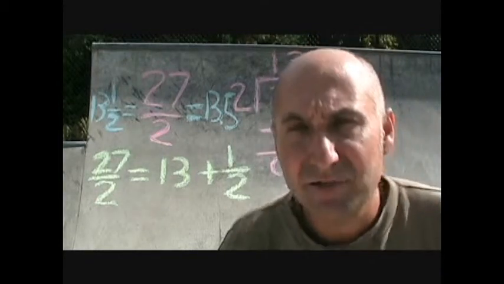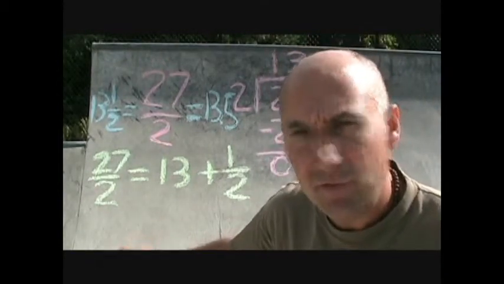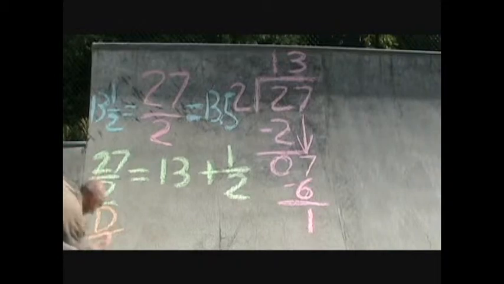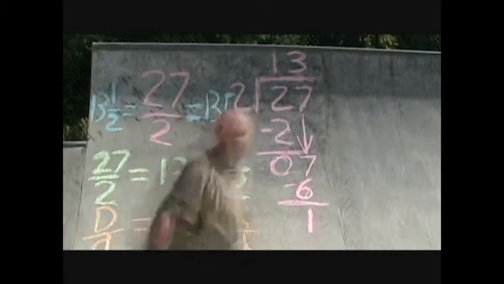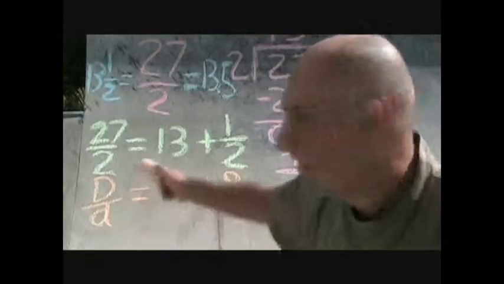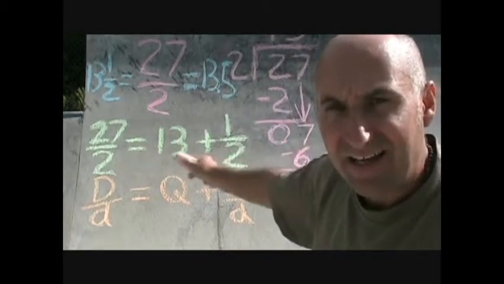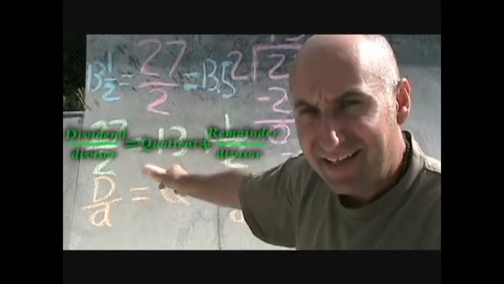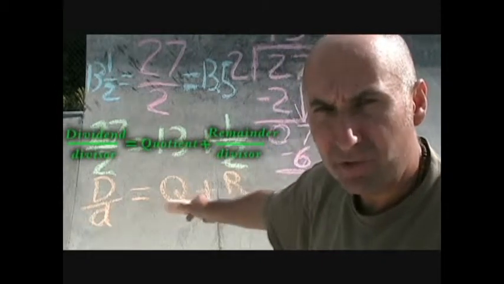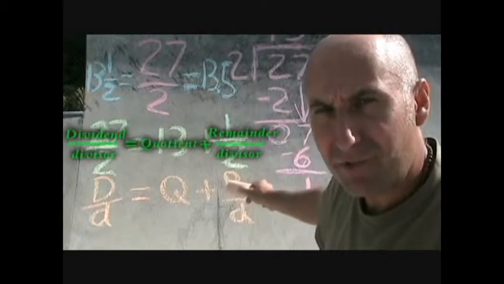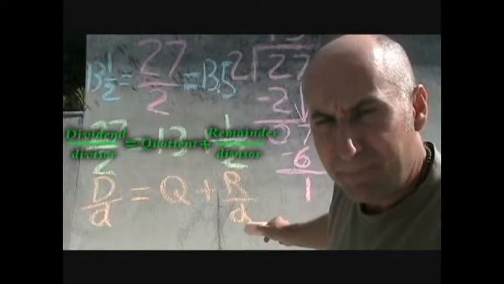So you can write down this expression in the following form: your dividend divided by your divisor is equal to your quotient plus your remainder divided by your divisor, right?